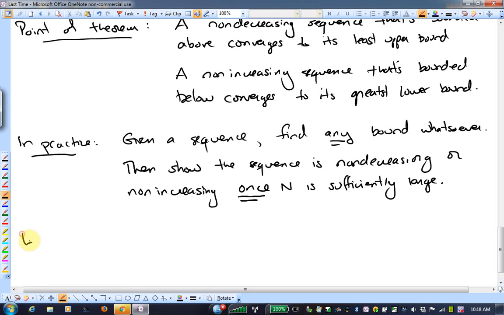Okay, so let's look at this example. I mean, this is brain dead simple, but it's just the idea. See, I would not even bother computing any kind of limit for this.